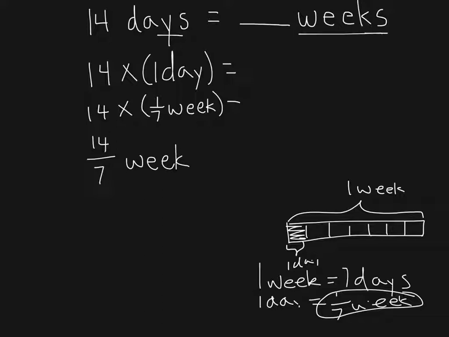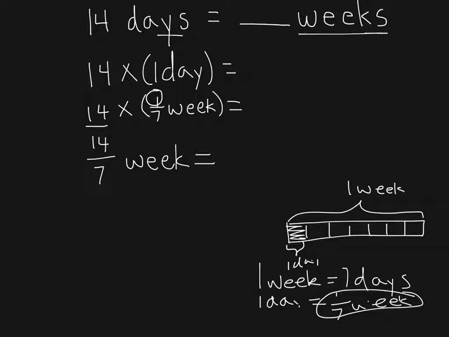And the rule, if you want to make a shortcut, is that you multiply the factor times the numerator. But if you also want to think about it, 1/7 plus 1/7 is 2/7, plus 1/7 is 3/7, plus 1/7 is 4/7. Every time we add another seventh on, the numerator is going to grow by 1. So if we add it together 14 times, or multiply by 14, we'll have 14/7 of a week at the end.